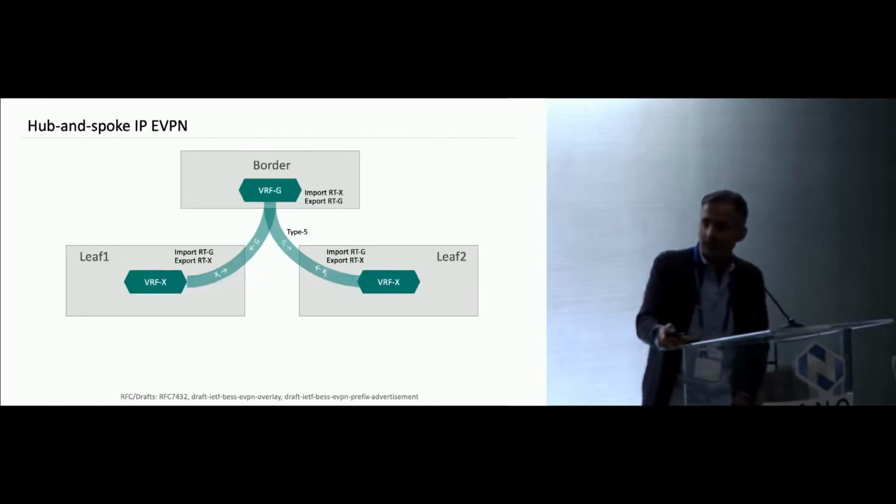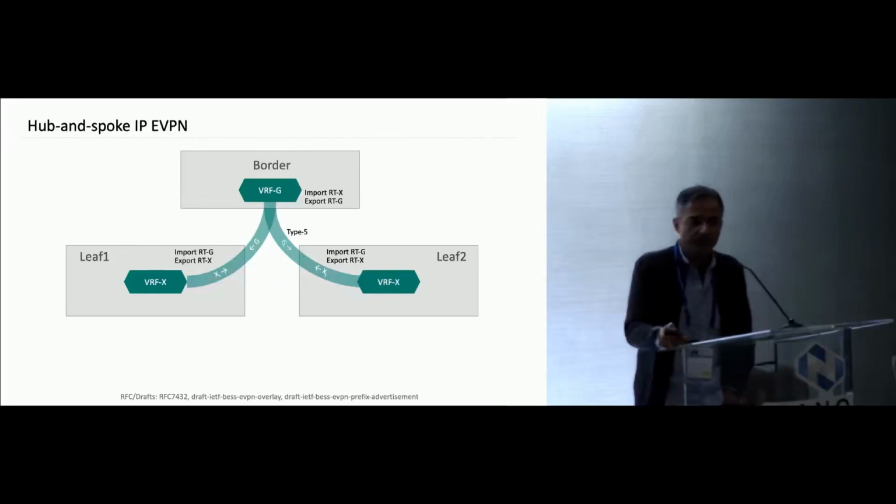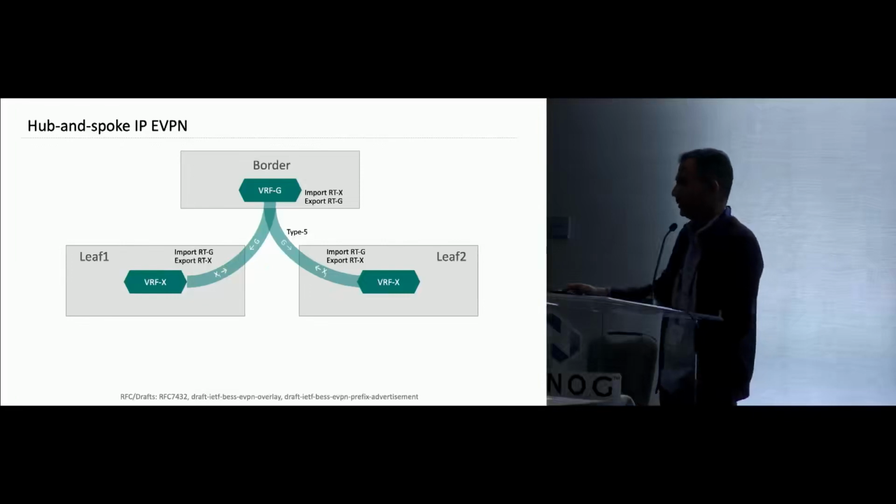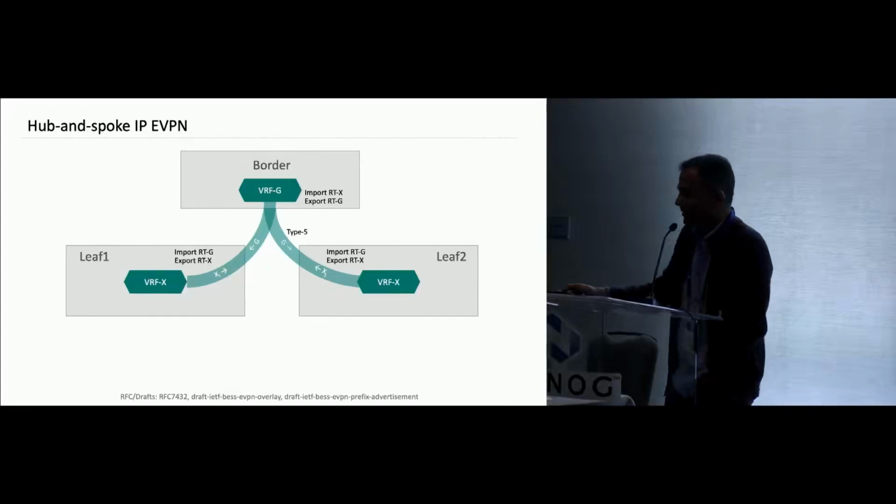There's a hub and spoke, which I would probably also refer to as directional VPNs, where in this case it's the border gateway VRF, VRFG, that announces its routes with RTG and imports routes with RTX, and the VRFXs do the exact opposite, right? And this is directional.